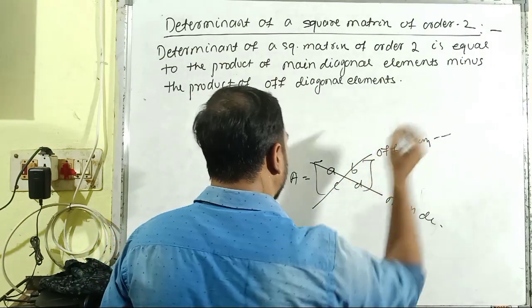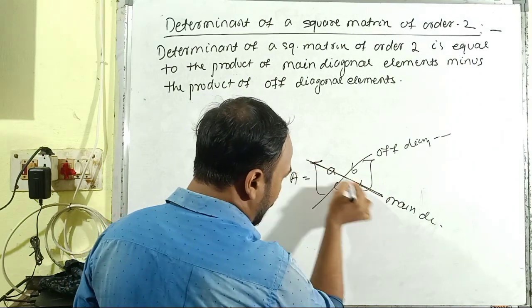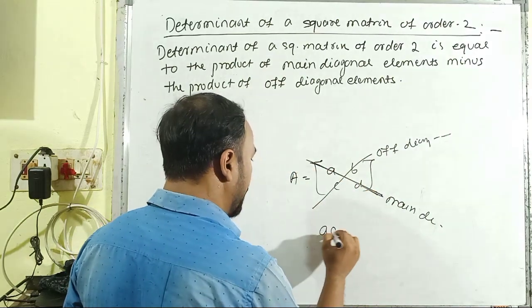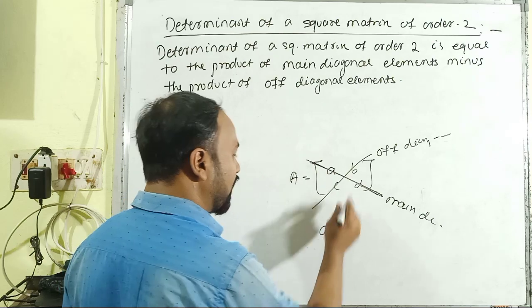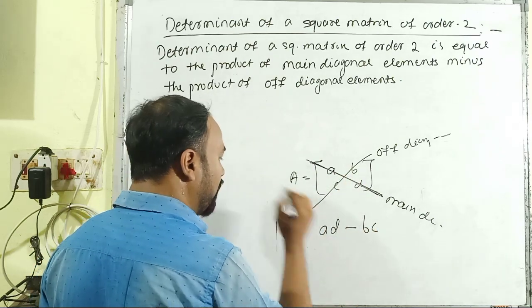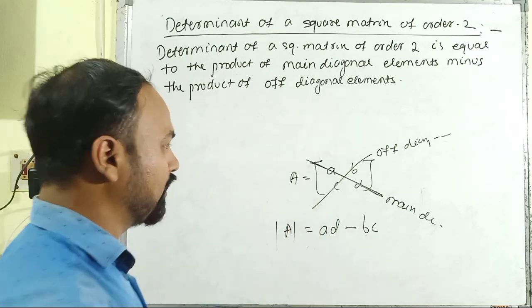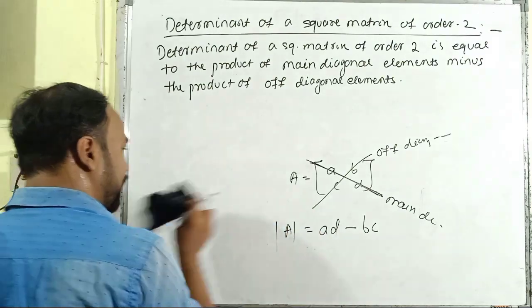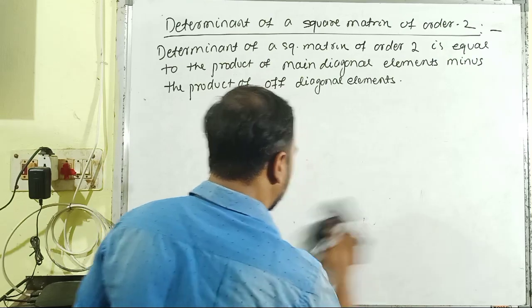First of all, we have to find the multiplication of A and D. Then we have to find the multiplication of B and C. Then we have to subtract, and it will be the determinant of the matrix A. Let us elaborate these things by taking a matrix here.